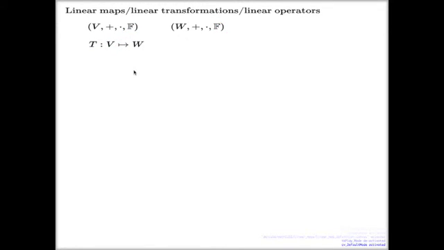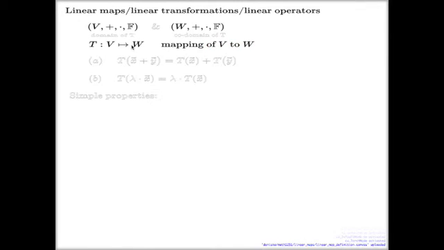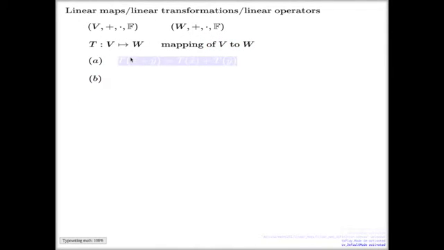Any map which takes elements of V into elements of W, and which is subject to two requirements, A and B: the map takes the sum of elements into the sum of the individual images of x and y, and the map takes the scaled vector into the scaling of the image.